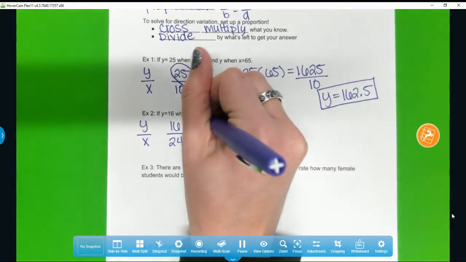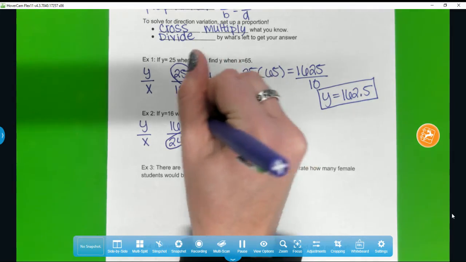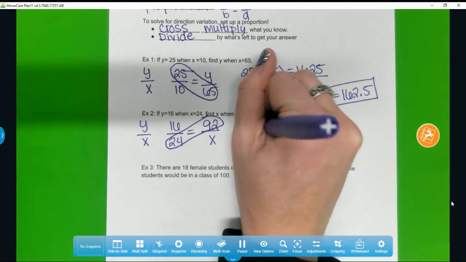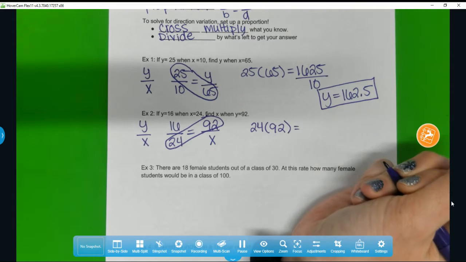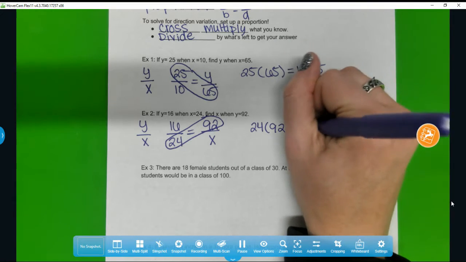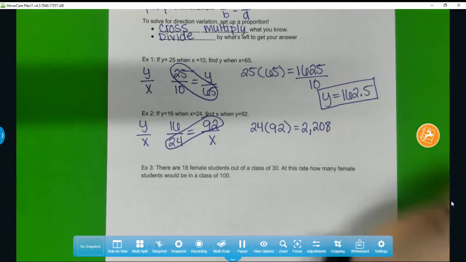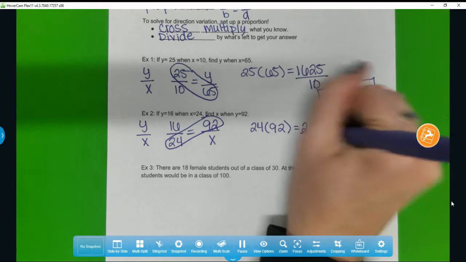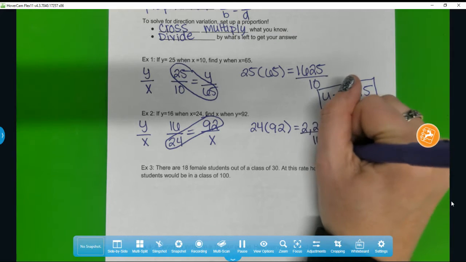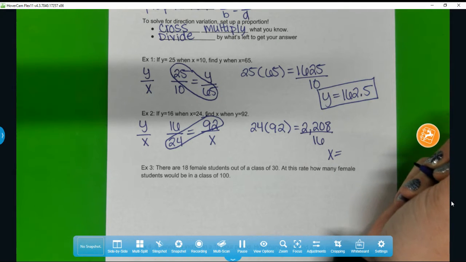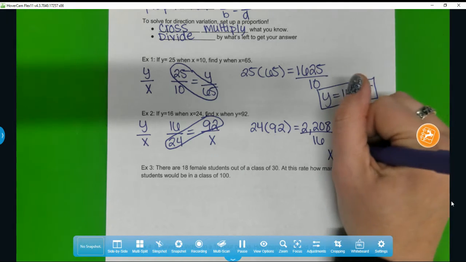So I'm going to cross multiply what I know, so I know both these numbers. So 24 times 92. So I get 2,208. And I'm going to divide by what's left. So I'm going to divide by 16. And x equals 138.